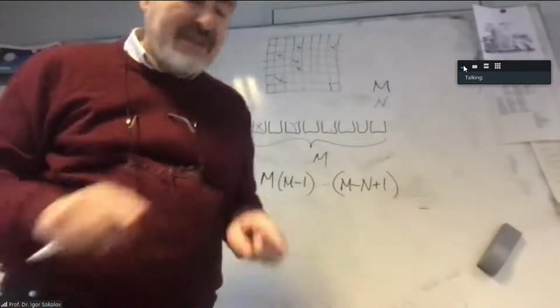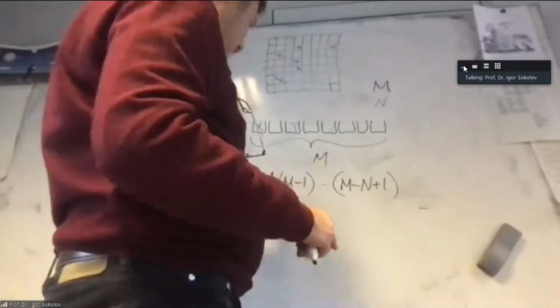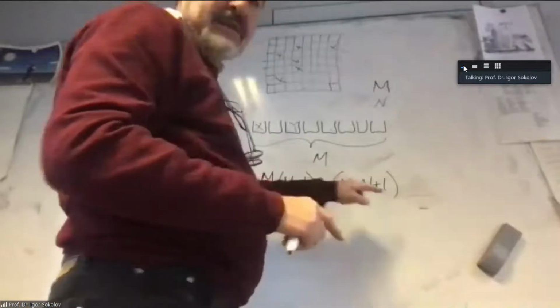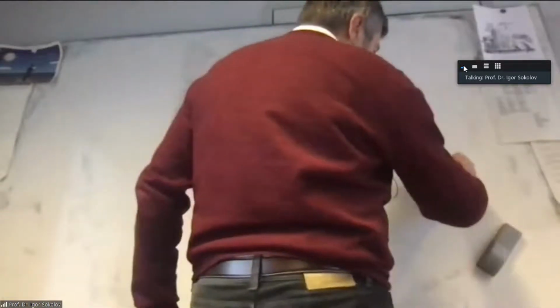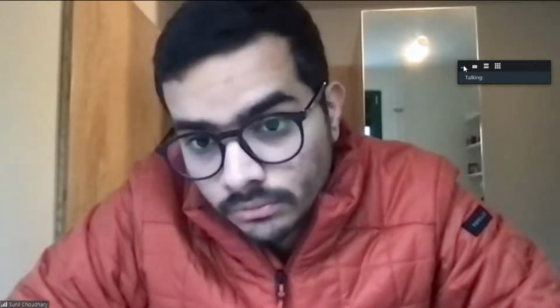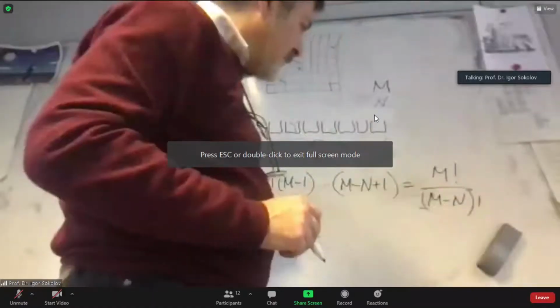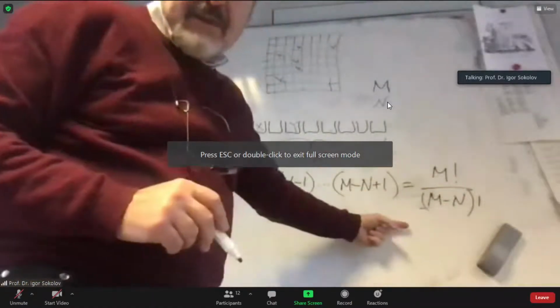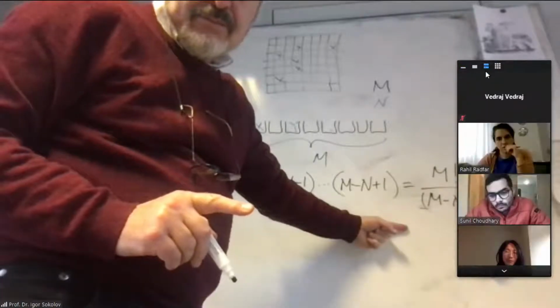Yes. Okay. But here the objects are numbered. So I have the first, the second, the nth. This part is M factorial divided by M minus N factorial, because I simply go down to 1 and divide. Is this clear? Yes, I think so.